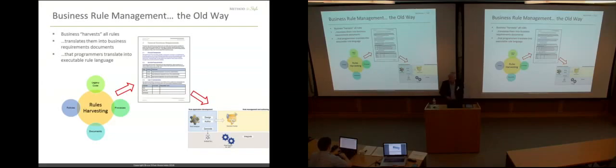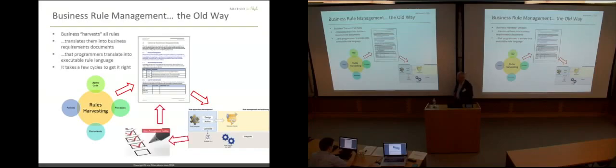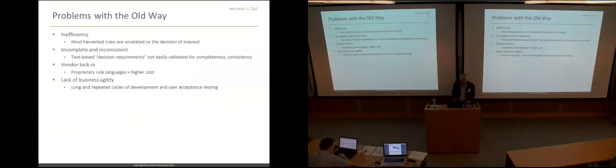But I think you can see that this procedure is going to lead to a lot of user acceptance failures, and so there's a lot of repeated cycles of this. So I think you see some of the problems here. Efficiency.